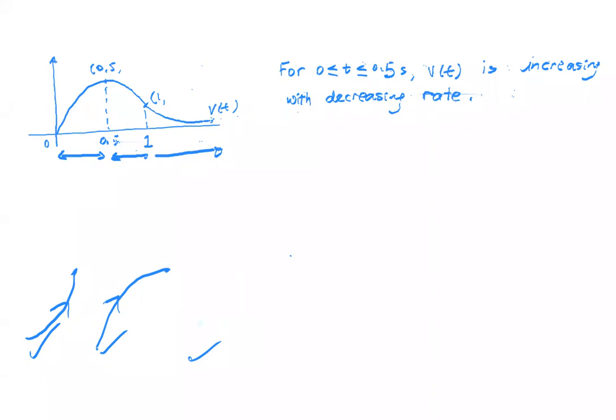Now, for the interval, T between 0.5 and, do you know why Miss Do write the T like that?